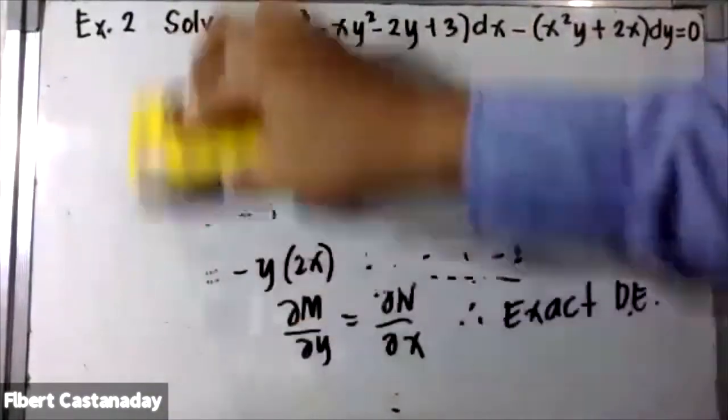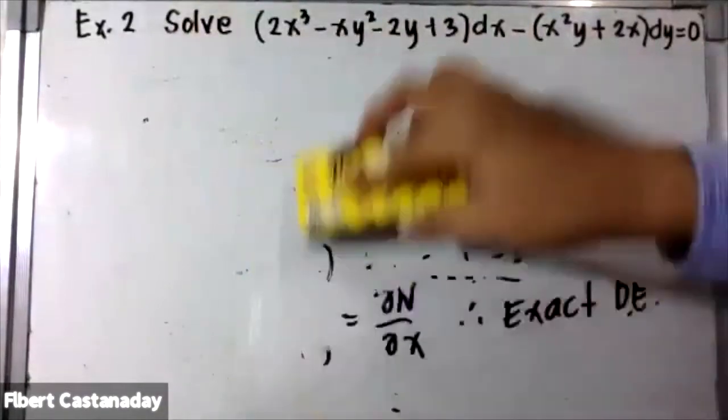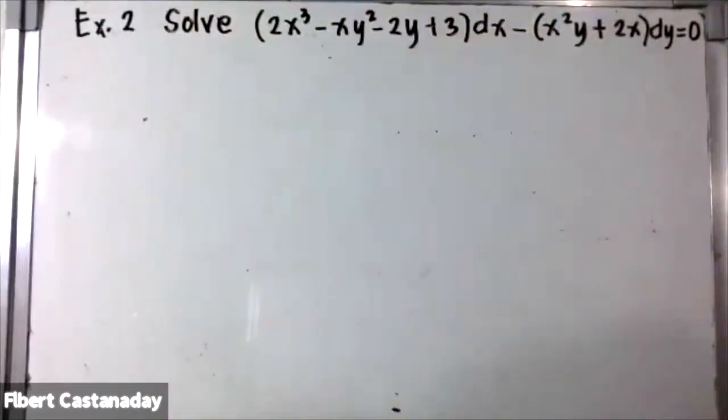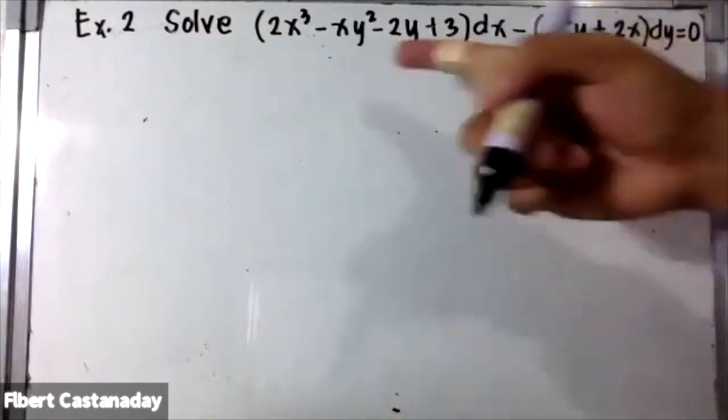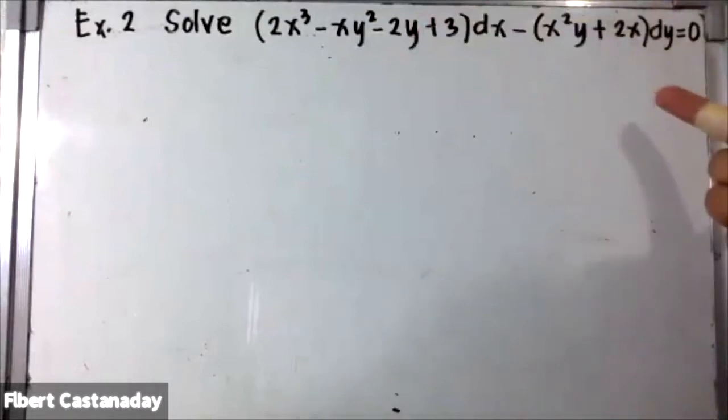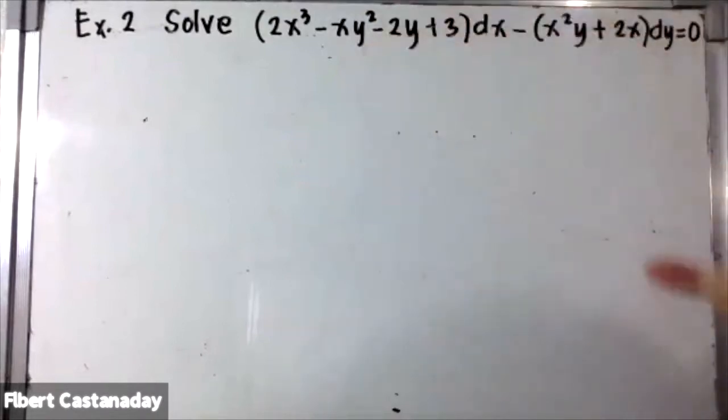So we follow the steps. The first step is to set. We can choose whichever you want, so you can use M or N. In this case, since we already used M, we try to use N for convenience.